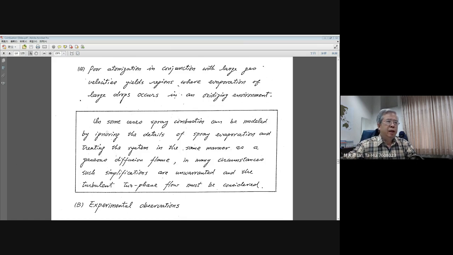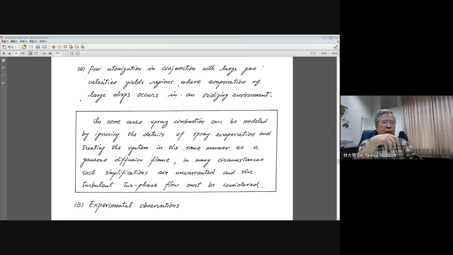Here they say in some cases, spray combustion can be modeled by ignoring the details of spray evaporation and treating the system in the same manner as the gaseous diffusion flame. In many circumstances, such simplifications are unwanted, and the turbulent two-phase flow must be considered. Actually, here they give you two important comments.